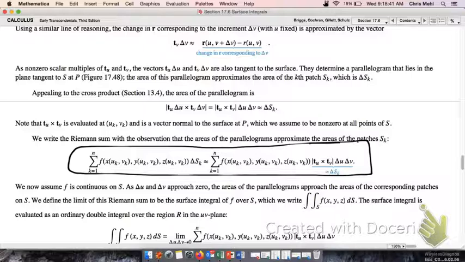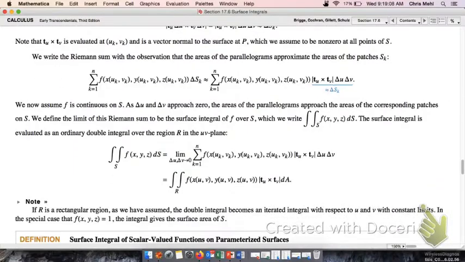Then letting the number of rectangles go to infinity, or essentially letting your change in u and change in v go to 0, makes your rectangles smaller and smaller. That's going to lead to a definition of the double integral over a surface of a function of 3 variables with respect to surface area. It's the limit as delta u and delta v approach 0 of your Riemann sum, and that becomes a double integral over the region R.